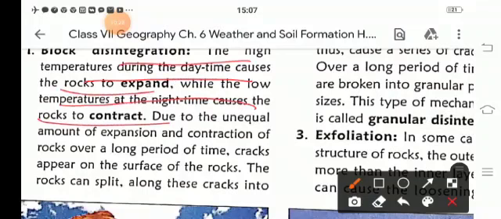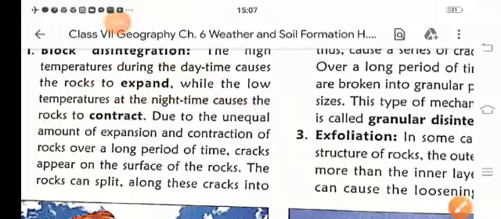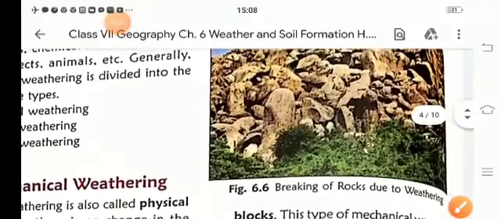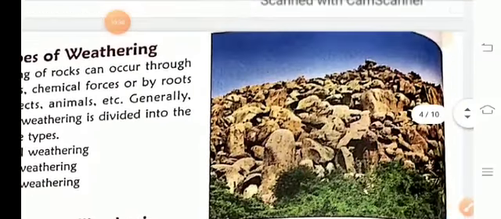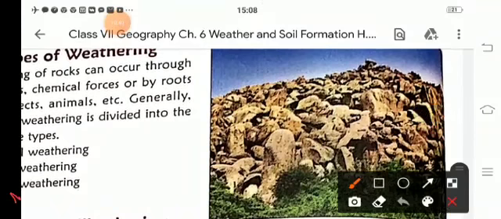It appears on the surface of the rocks, and it makes blocks. See, due to this reason, this happened here. Because when the temperature goes high, it expands. When there is cold, it is squeezed, so it broke down.